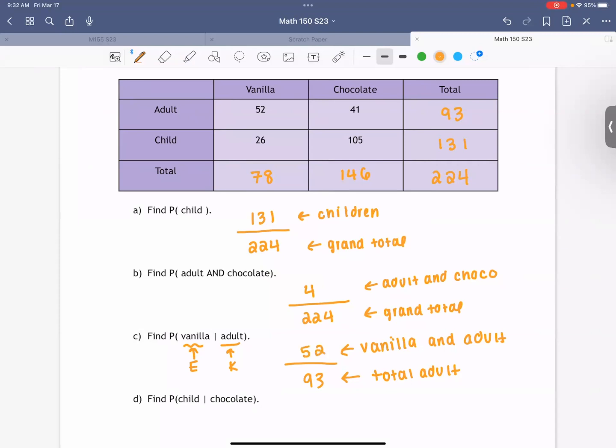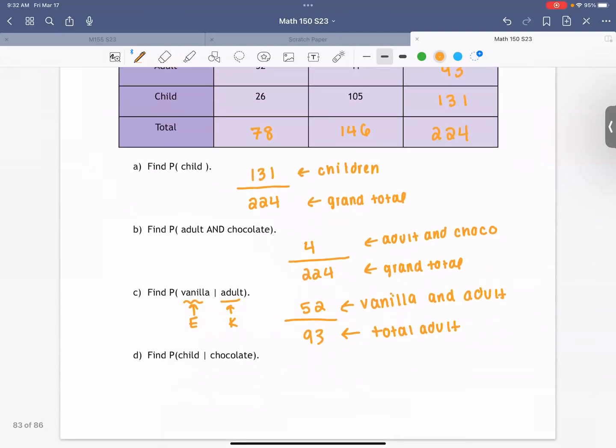So that's how we go about conditional probabilities. It's so much easier when we organize our information in a chart. Whenever we try to do it in our heads, like the first page, it just gets really messy. And I feel like it's very hard to understand what exactly we're doing. If we organize our information in this chart, it makes it so easy to just stick a number on the bottom, stick it on the top, and you're pretty much good.